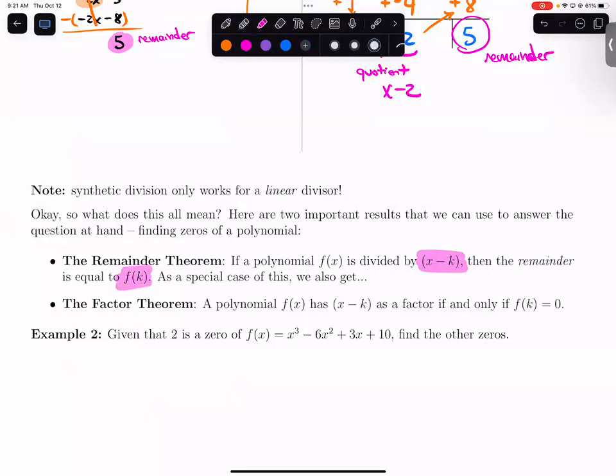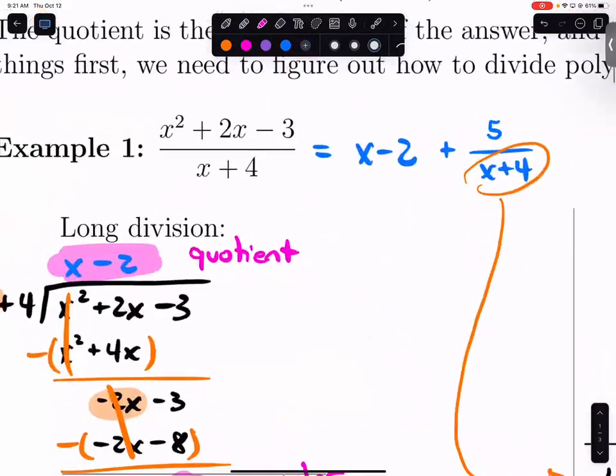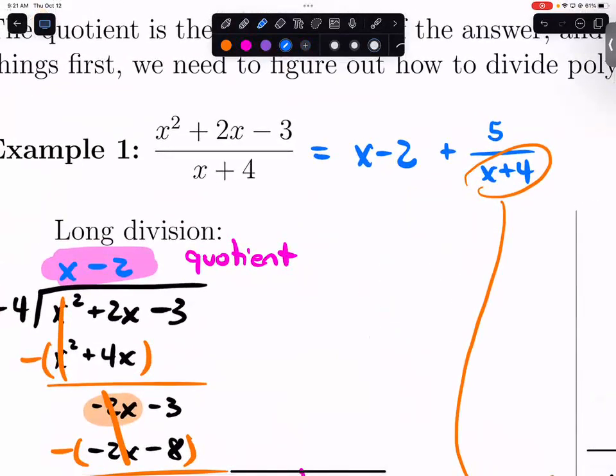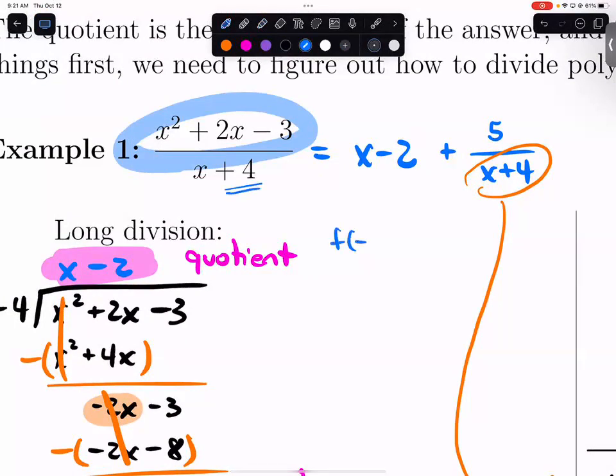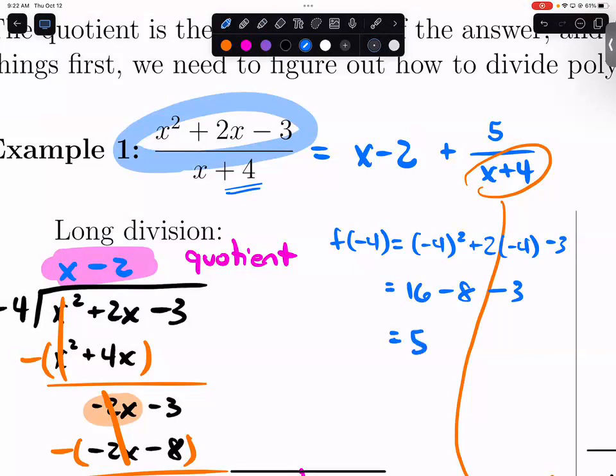In other words, this problem we just did, if I took this function and plugged in -4, I would get 5, which is the same thing as the remainder.